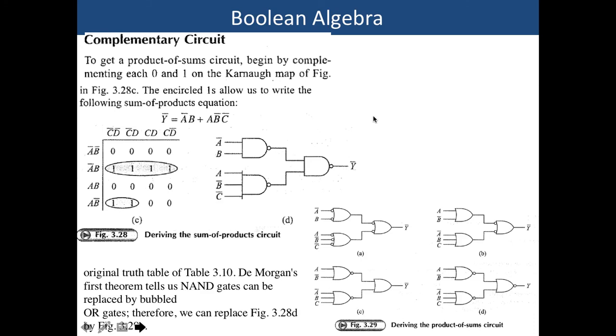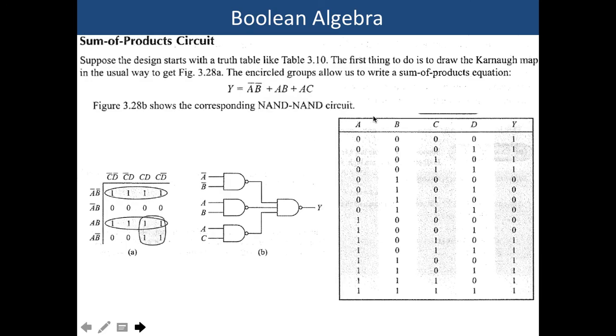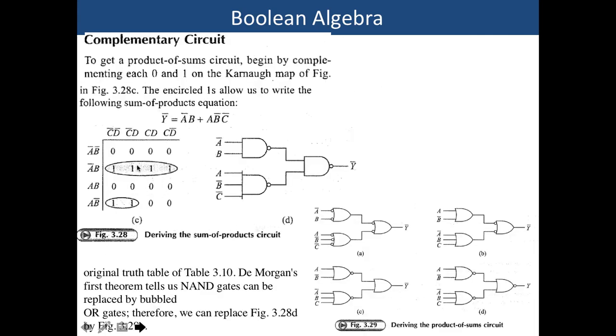Now to get a product of sums circuit, we will complement each 0 and 1 on the K-map. Means instead of 1 we will write 0, instead of 0 we will write 1, and we will make another K-map.